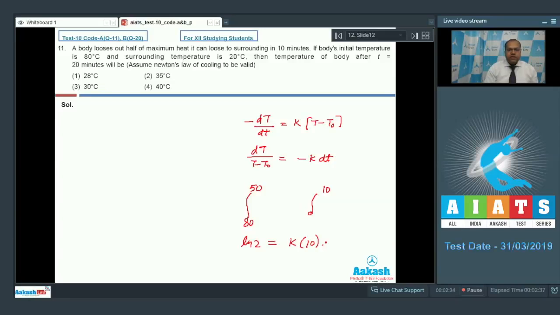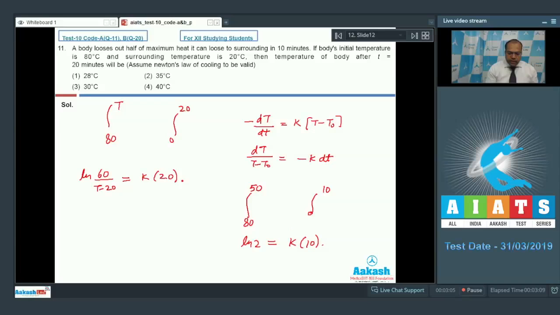And in the second case, when the time is 20, the limit is from 0 to 20, and the temperature limit is from 80 to T. On solving this differential equation, we will get ln of 60 divided by (T minus 20) is equal to K times 20.